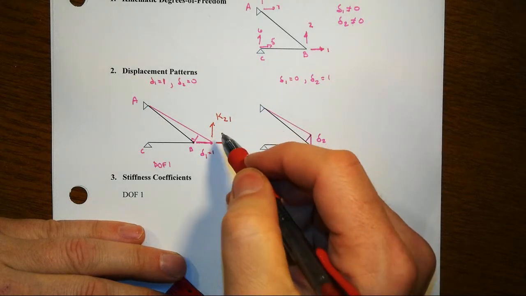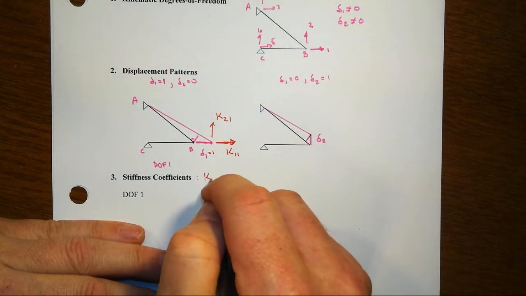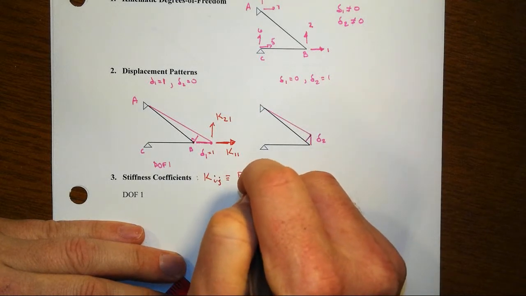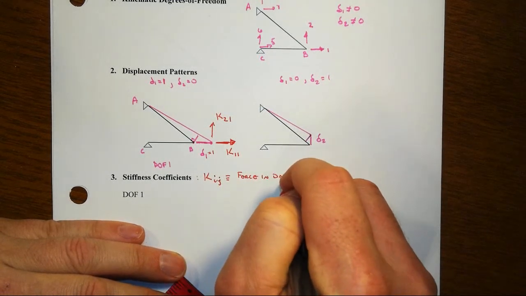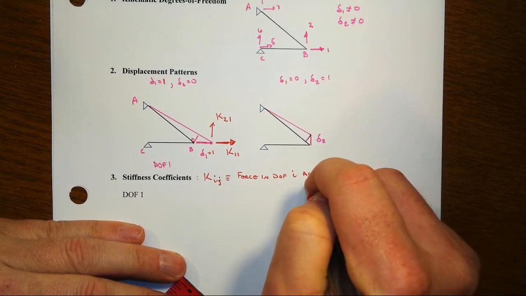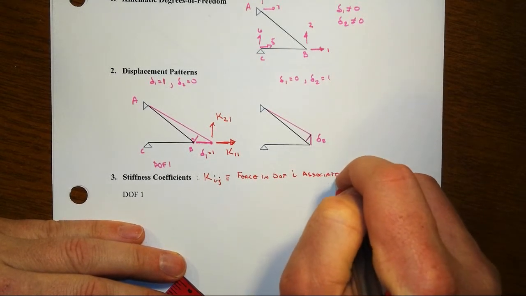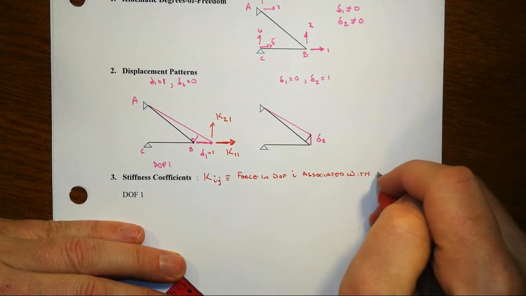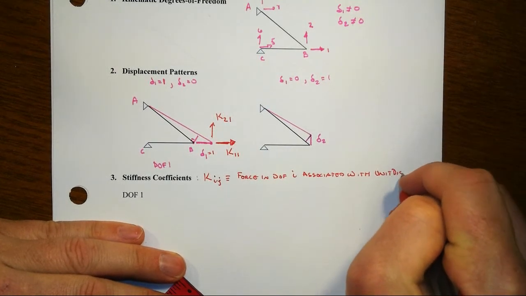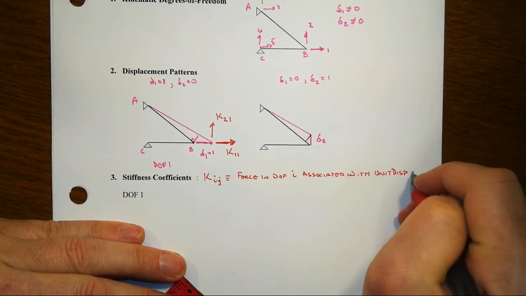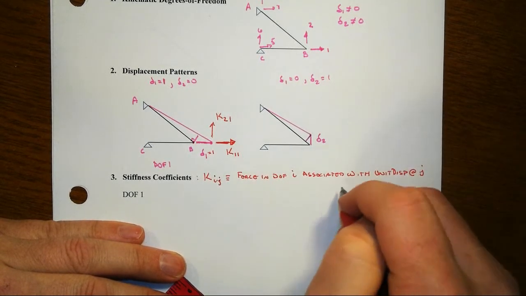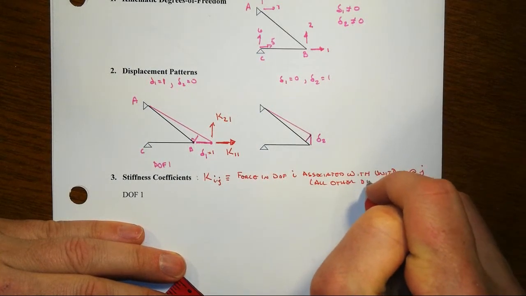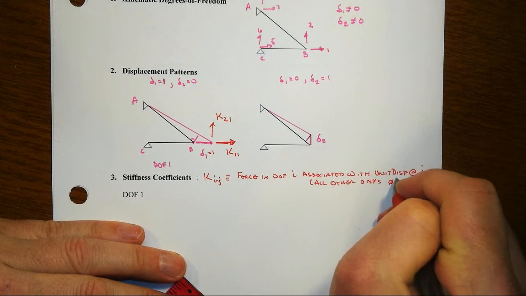Right? So these stiffness symbols have that very special meaning: they are the force in degree of freedom I associated with that displacement pattern, which is a unit displacement at J and all other displacements 0.